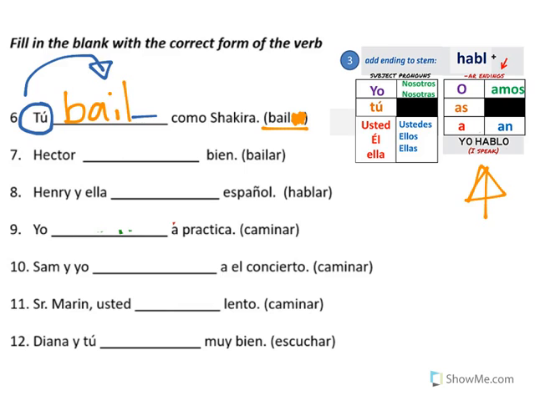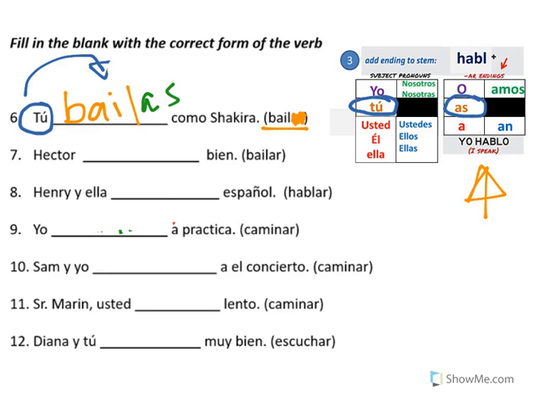We just need to finish it off. So tú is right here, matches up with the AS ending, and we just simply write that ending. Tú bailas, oh, messed that up. Let me fix that. That should be in orange. Tú bailas. You dance like Shakira.